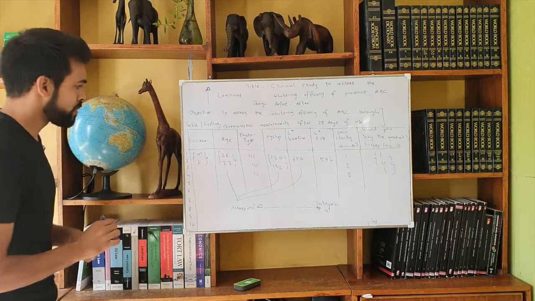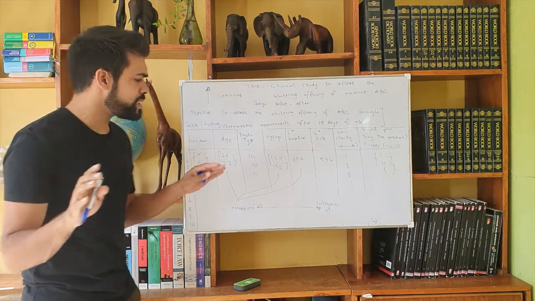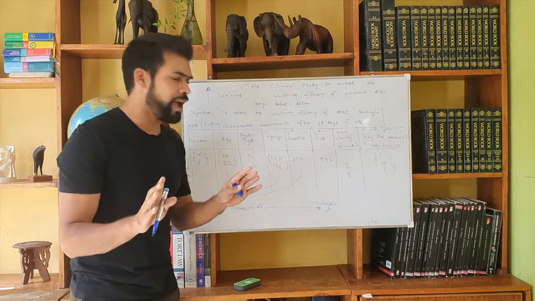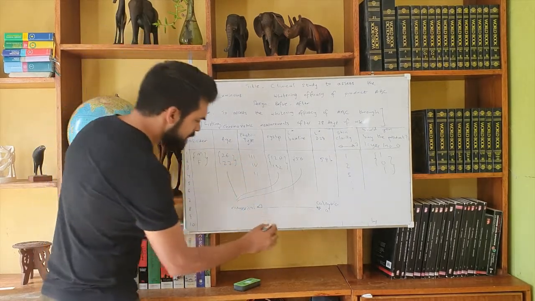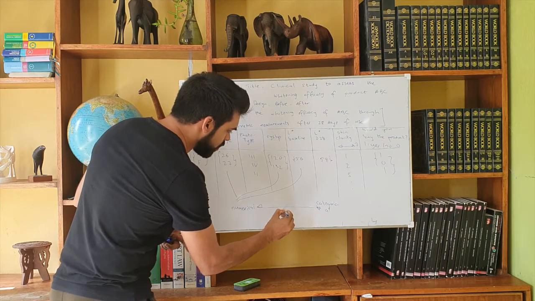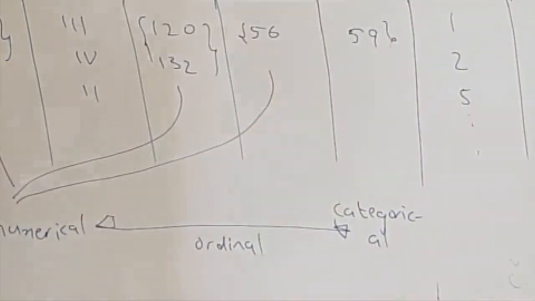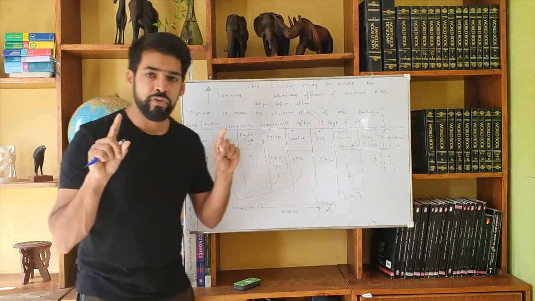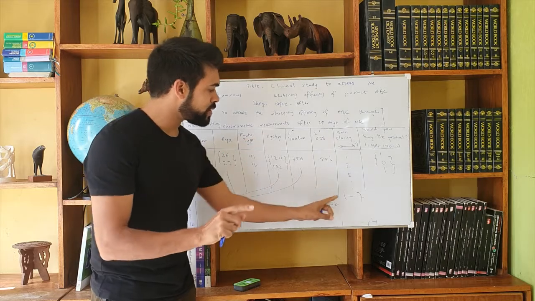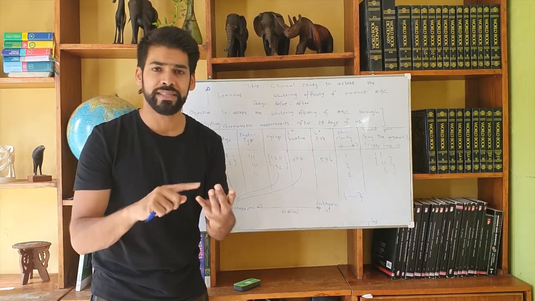Age as well. Now, between these two extremities, there is one which is a bit, I would say, ambiguous. This in the middle here, we call it ordinal. For example, skin clarity on a scale of 1 to 7, the values that the parameter can take are very limited. 1, 2, 3, 4, 5, 6, 7.